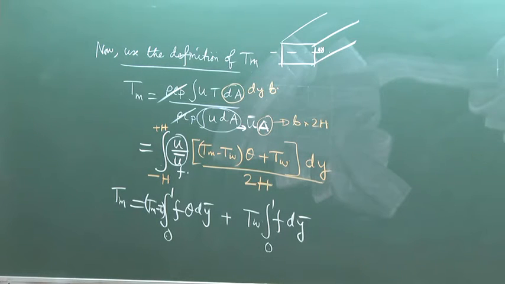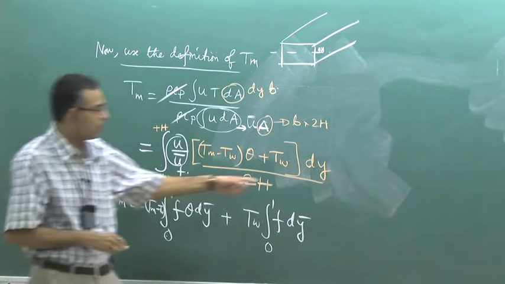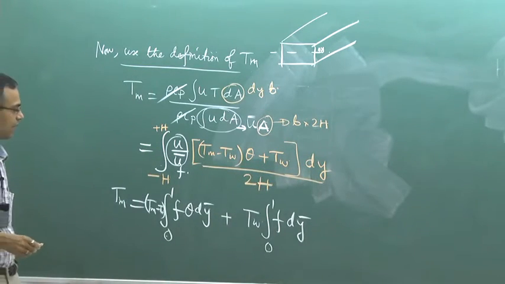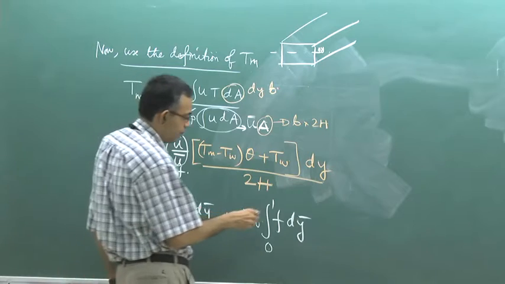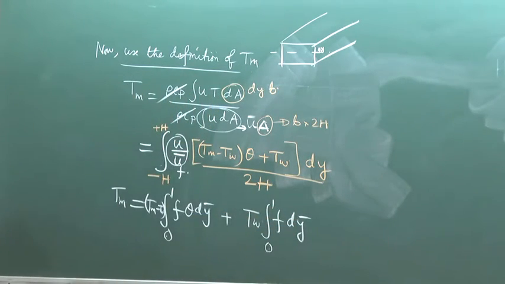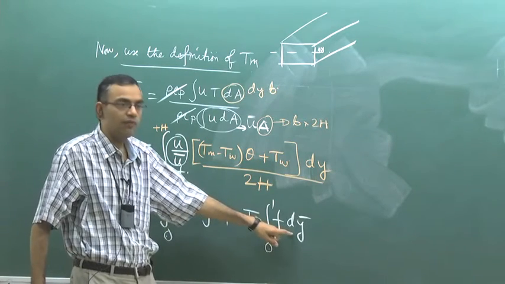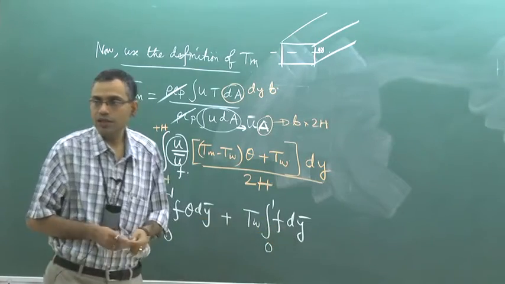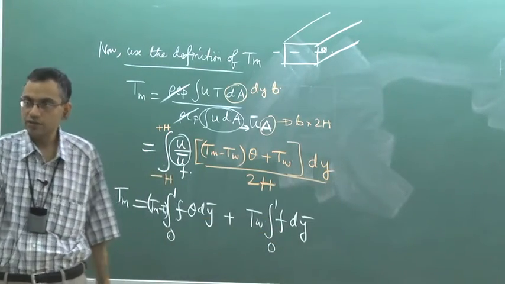We have absorbed the y by h within the derivative. So if that be the case, can you tell what is integral of f dy? Non-dimensional. See, f is what? f is the velocity profile.